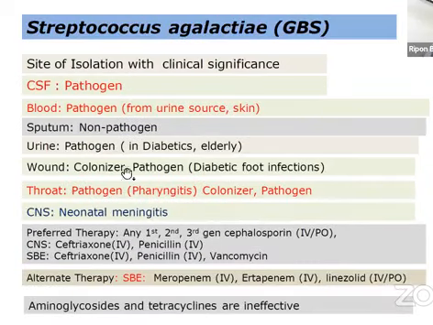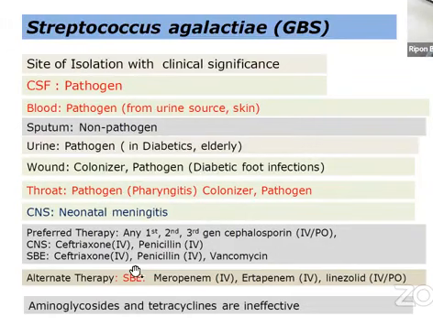Streptococcus agalactiae, if you get agalactiae in the CSF, it is pathogenic. Also from blood and throat. But in throat, usually it is a colonizer, but it may be pathogenic. So there are some factors during the diagnosis that we should consider.